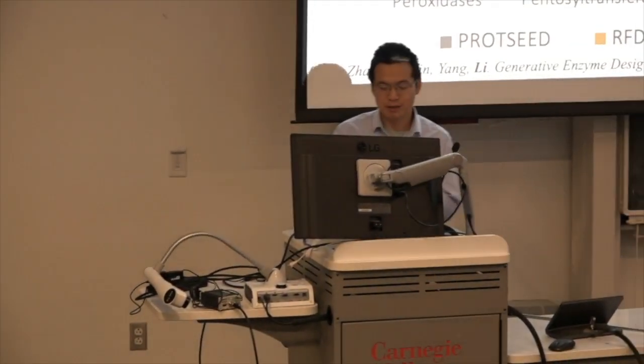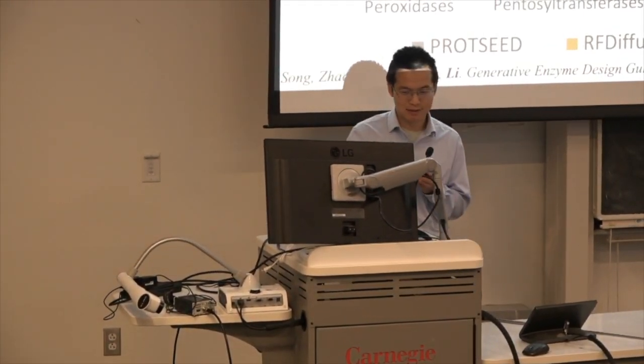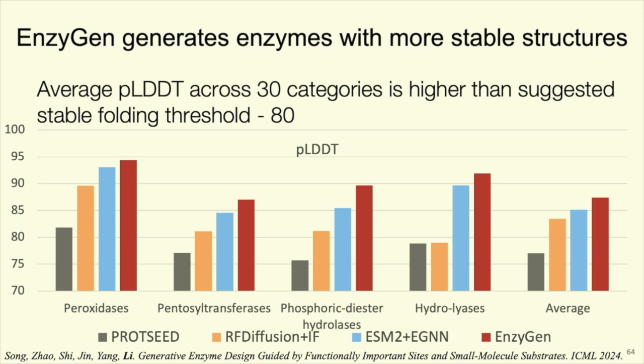In terms of the stability of the protein, when we design new proteins, not every protein sequence is good. They should fold into a stable structure to be a valid protein. There's a score called pLDDT that's computed from AlphaFold, in this case AlphaFold 2. It will give a score that tells how likely this protein sequence will fold into a stable structure.